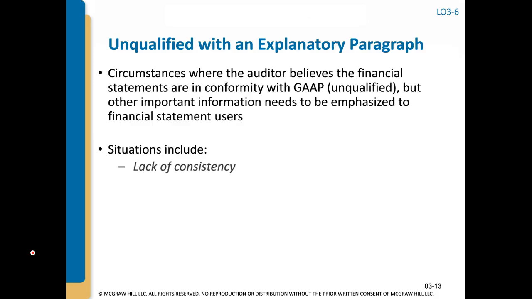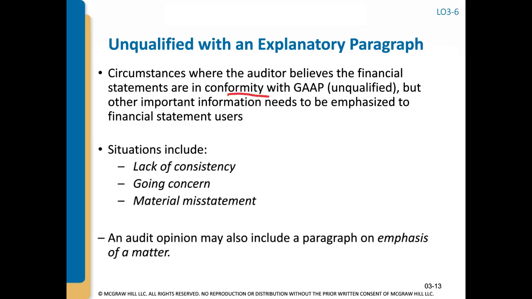Sometimes the financial statements are conforming with GAAP. However, the auditors feel that there's some other information that needs to be emphasized to the financial statement users. And these can include lack of consistency. If there's a going concern issue, right?